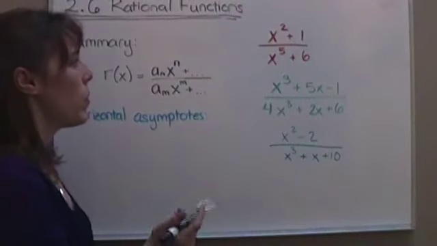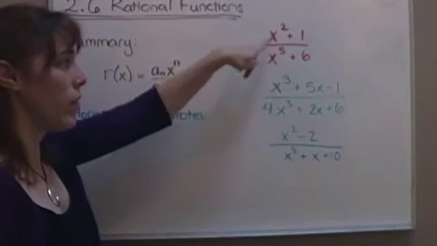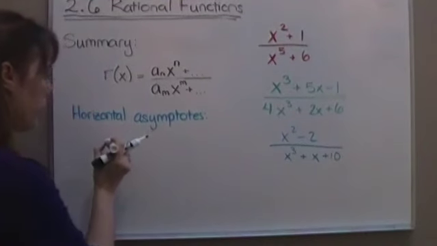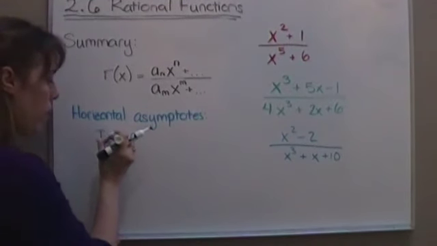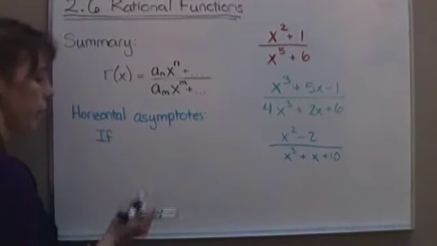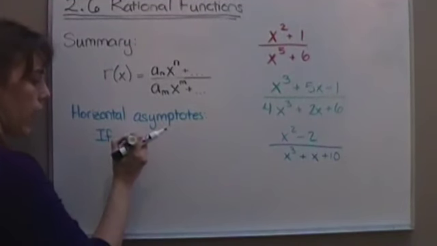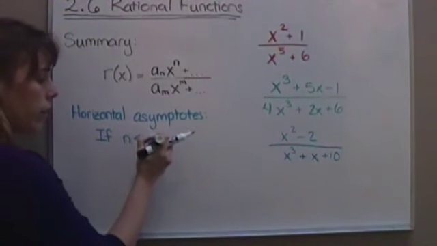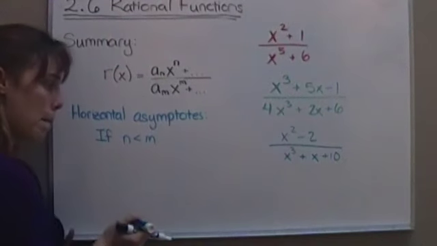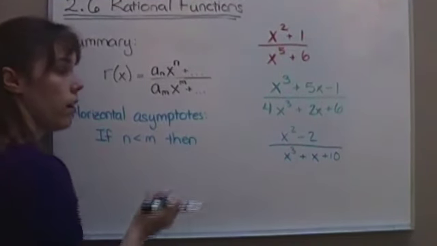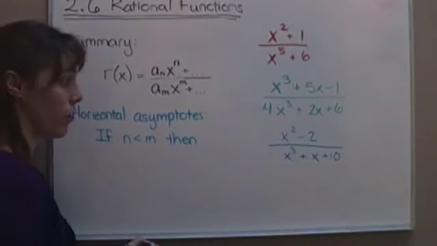So the limit as x approaches infinity here is 0. That means we can say, I'm going to use n for the top and m for the bottom, if the degree n is less than the degree of the denominator m, then the horizontal asymptote is just y equals 0.